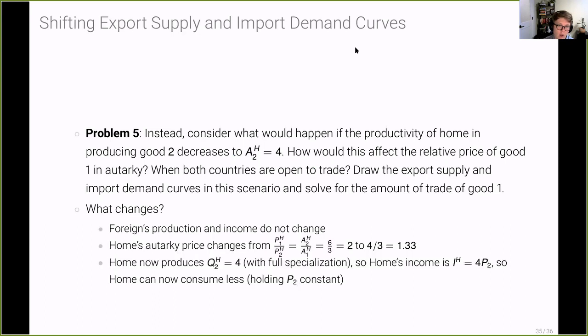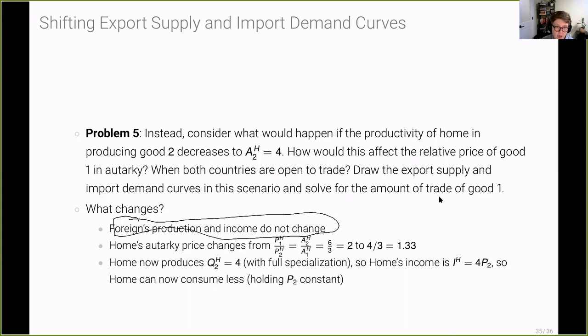So let's first ask what's going to change. We've only changed things for home, so foreign's production and income are not going to change at all, because we've only changed productivity for good two in home. However, unlike before, where we doubled population, which didn't affect labor productivities, we are now affecting labor productivities.